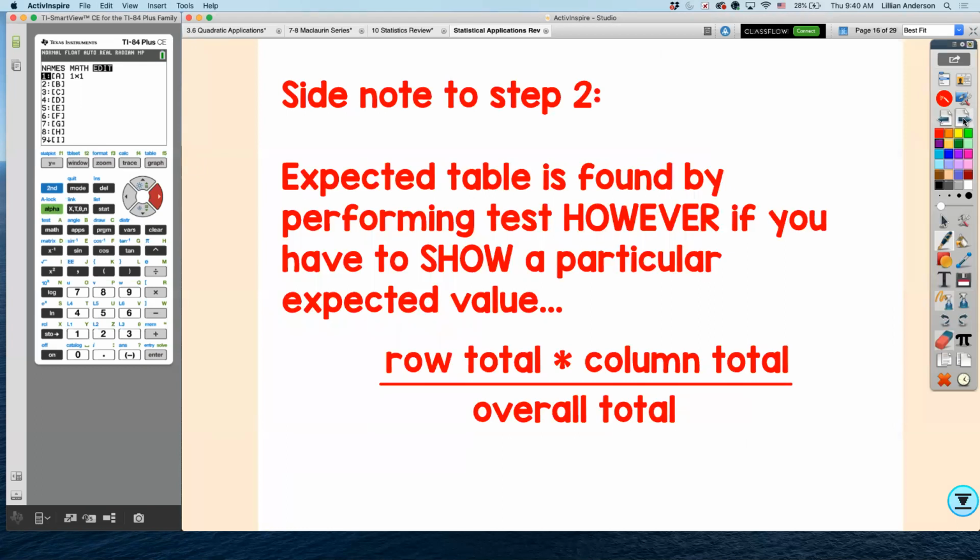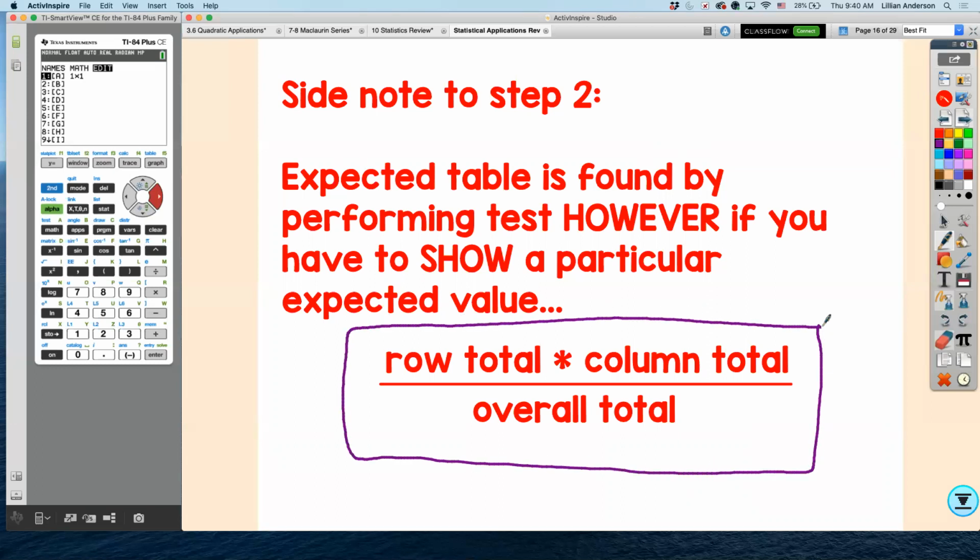A side note on step 2: the expected table is found when you perform your chi-squared test. However, you may have to show how you get a particular expected value. This is the formula of how you actually find your expected value.